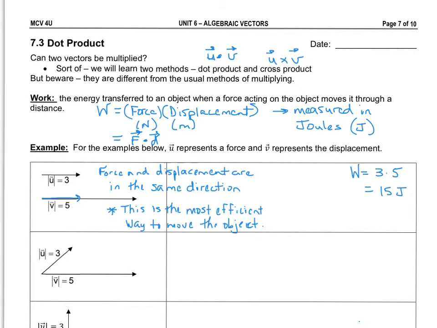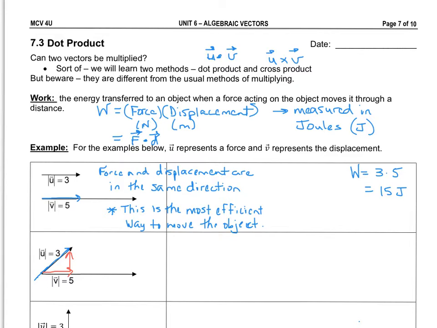So now for this next example, my force is actually being applied upward at an angle here. So I might be pulling a wagon, but I want to move it forward. So I do have that upward force, but overall, when I look at the force that actually moves the object, the force that moves the object is just the horizontal component of that overall force, which has a magnitude of 3.